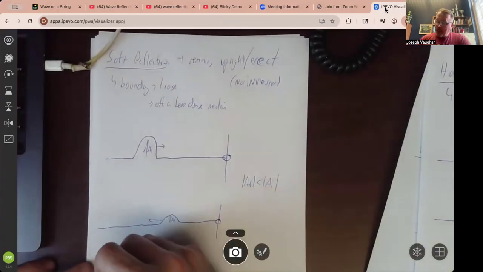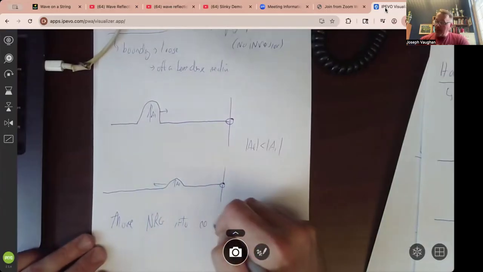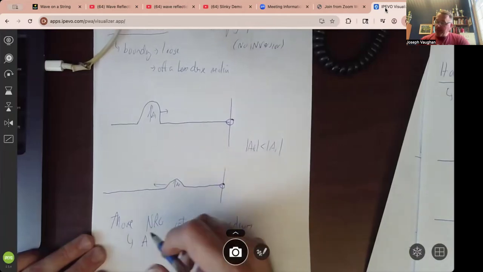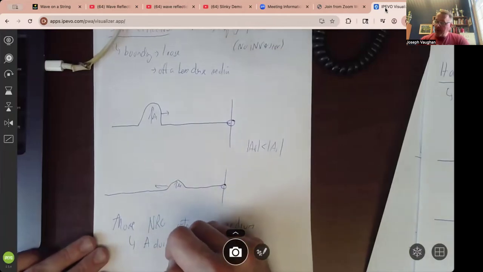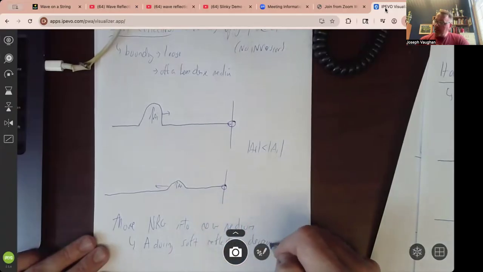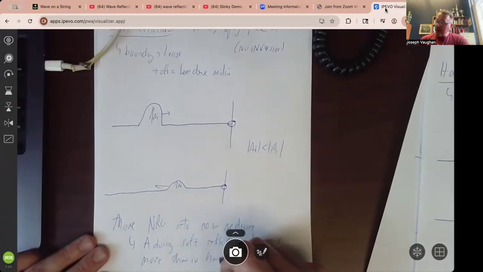So I will say more energy into the new medium, okay? Therefore, the amplitude during soft reflections decreases more than in hard reflections, right?